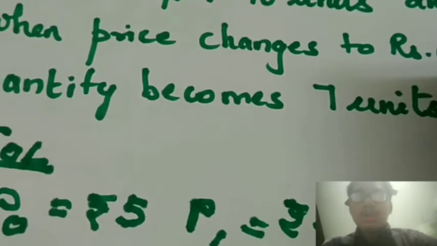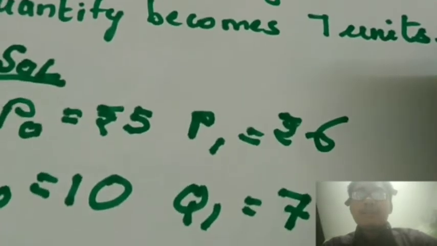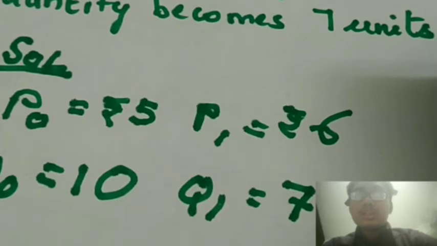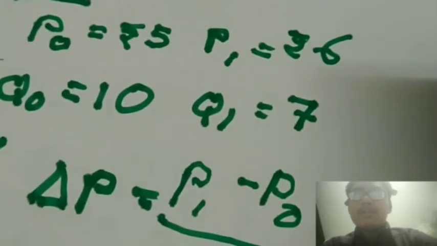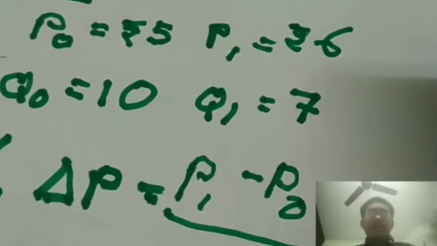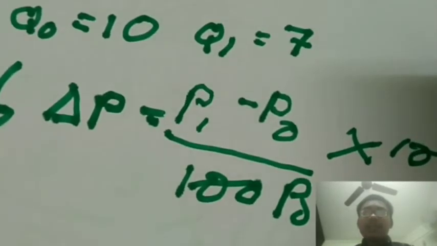We know P0 is equal to rupees 5 and P1 is equal to rupees 6. Q0 is 10 units and Q1 is equal to 7 units. For the sake of maintaining order, let us first focus on the percentage method to compute elasticity.